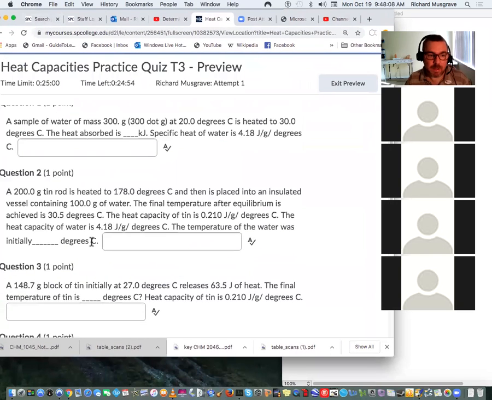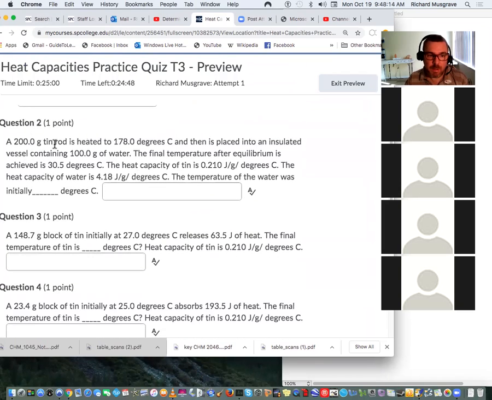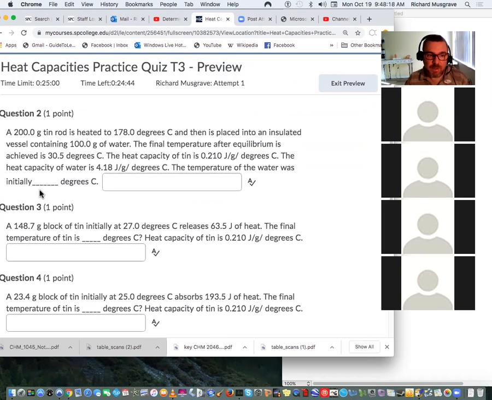All right, let's take a look at question 2. This is the opposite kind of question to the one we just looked at. Here we're given a 200.0 gram tin rod. It's heated to 178.0 degrees Celsius and put into 100.0 grams of water.